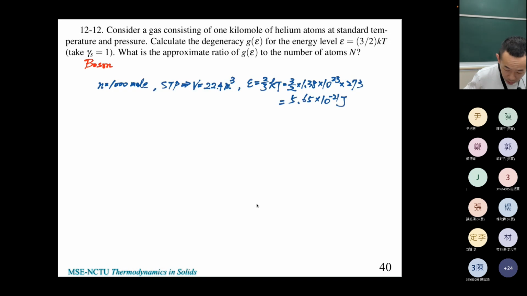Oh, right, I forgot to write down why we need these numbers, because G epsilon equals gamma S times 4 square root 2 pi V over h cubed, times m to the 3/2, times epsilon to the 1/2.